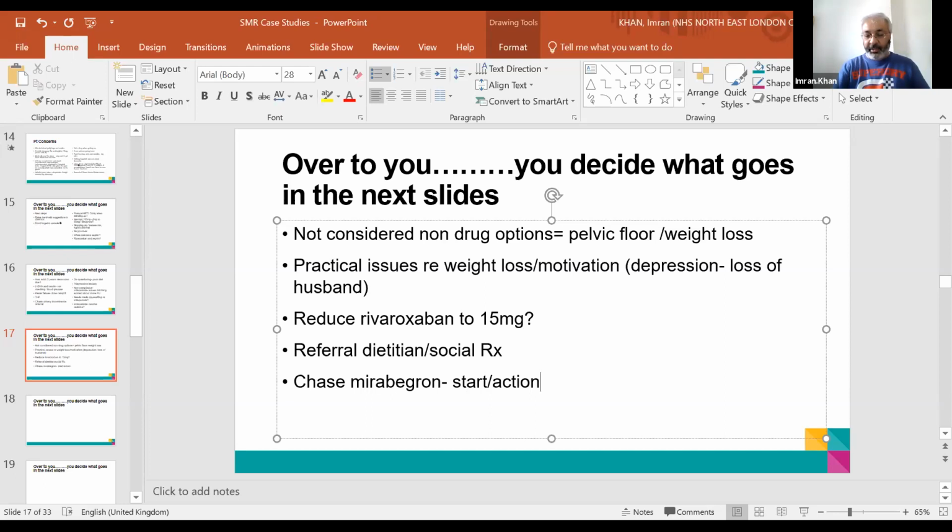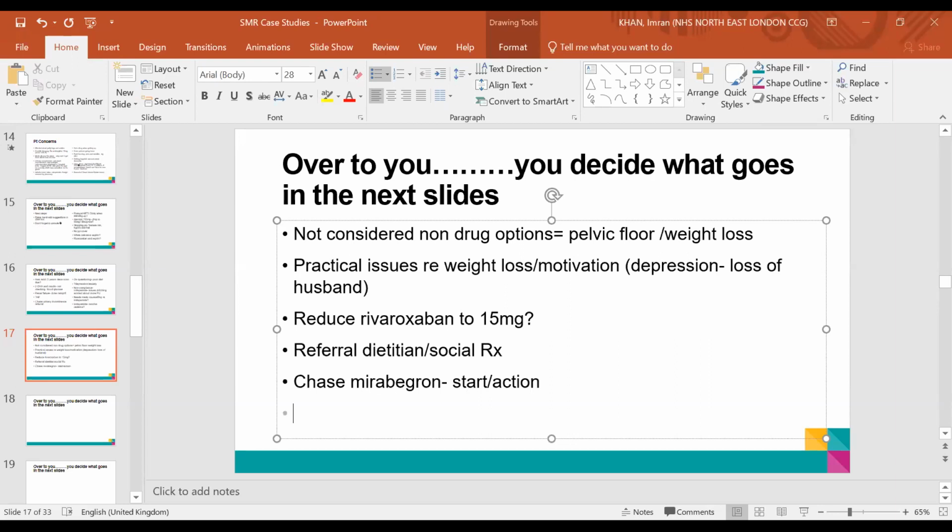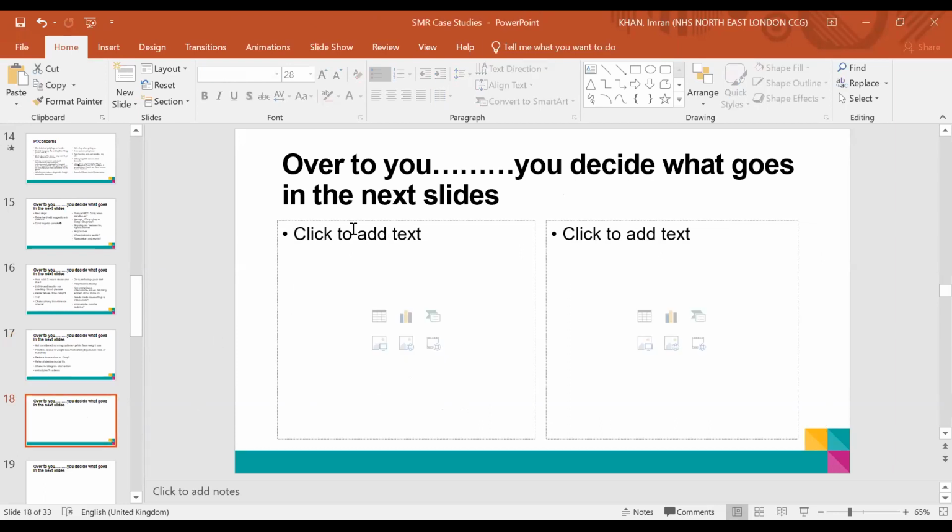Somebody's put that on the chat. And then we've got amlodipine might be worse than edema. Several people have said start a Dorset box.